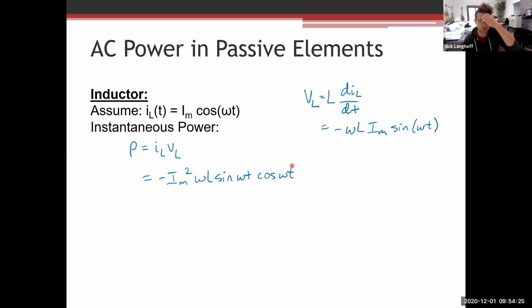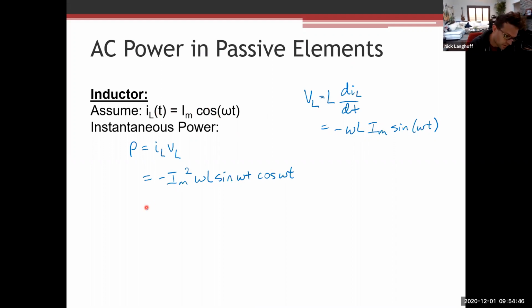We get a negative omega L in the front, an Imax squared because of the two Imax multiplied by one another, the sine omega t term from VL, and the cosine omega t term from IL.